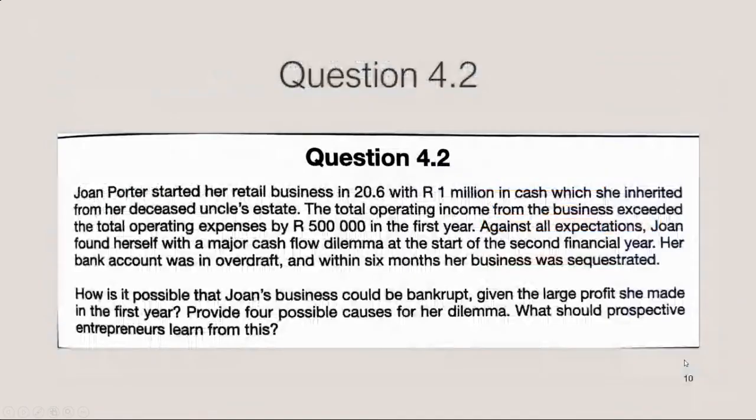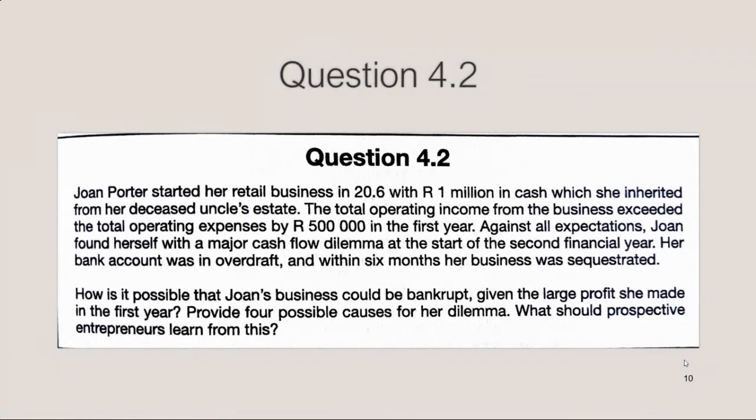Okay, so let's move on. We're going to do this and then we're going to take a break. Let's have a look and see what happens in the scenario. Joan Porter started her retail business in 2006 with $1 million in cash, which she inherited from her deceased uncle's estate.